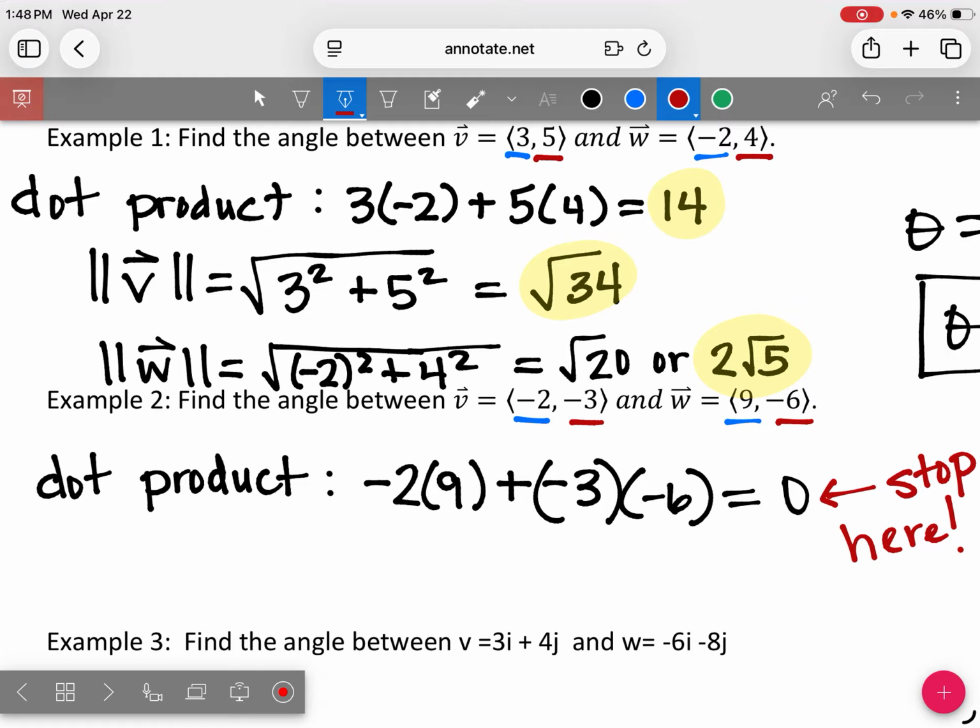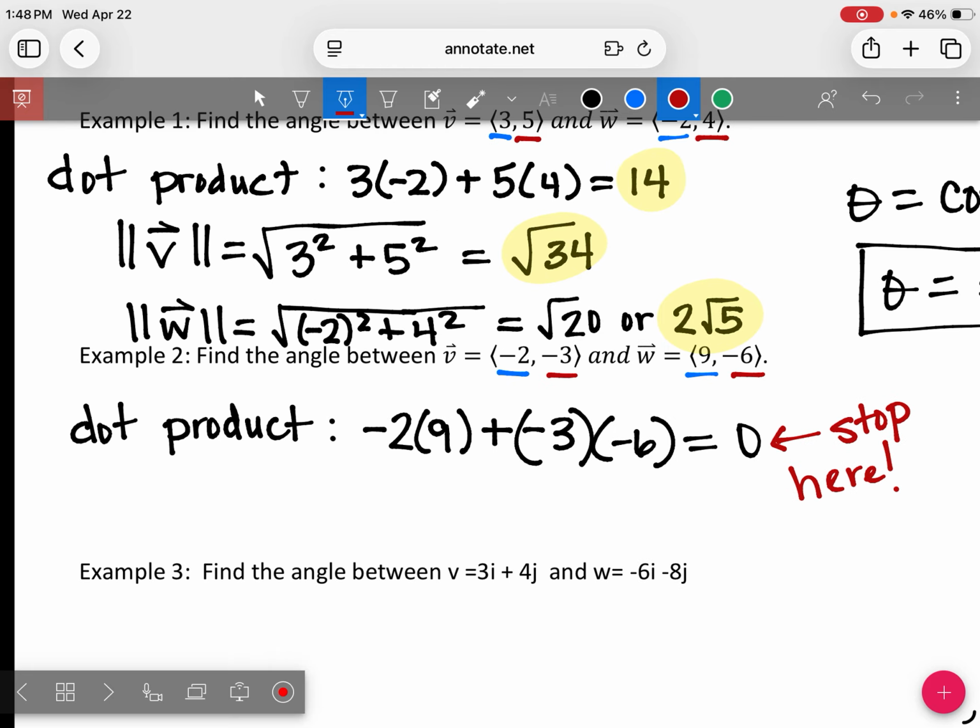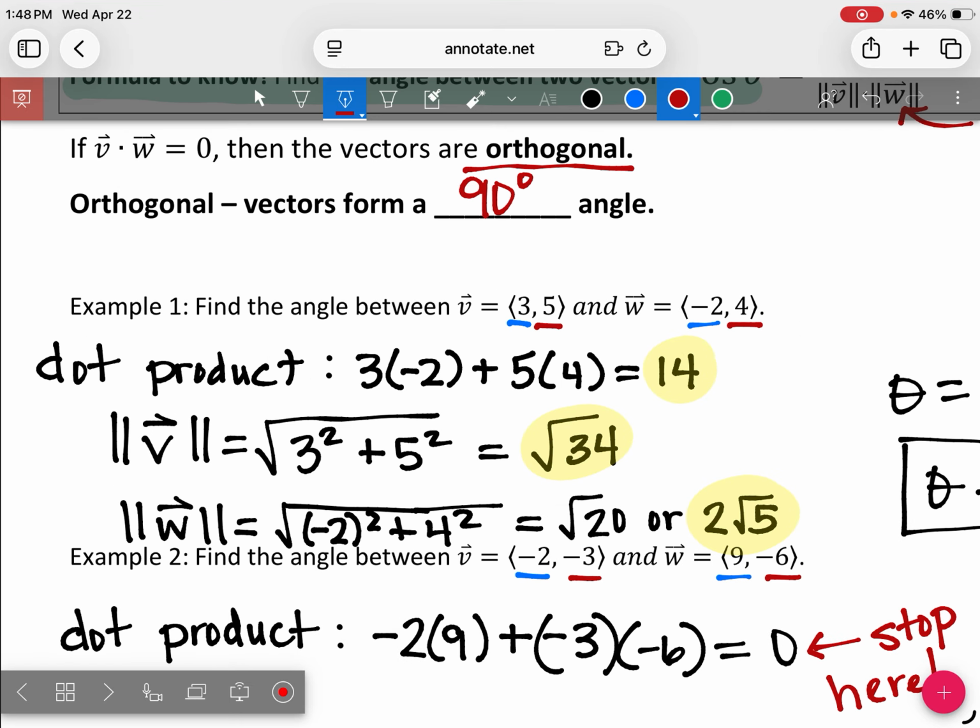All right, who got 0? So remember, what did I say? Anytime your dot product is 0, that means that the angle is going to equal 90 degrees. So you don't need to go any further. I mean, you can, but you're kind of wasting your time.